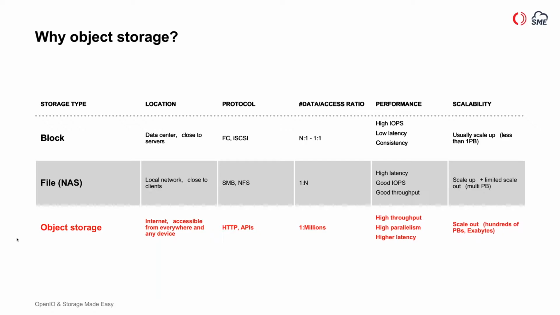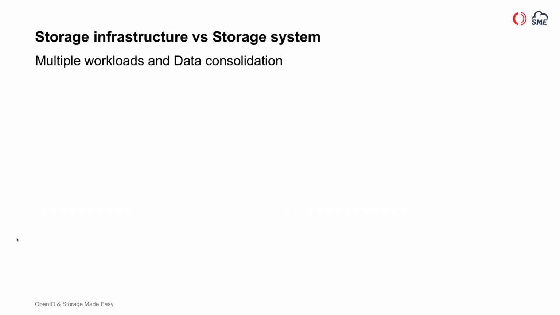And the fact that they are compatible with all the systems that we can use, from the PC to the mobile device, is very important to distribute data all around the world, especially in very distributed organizations.